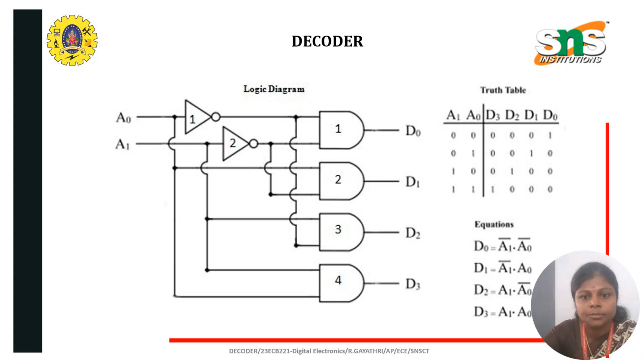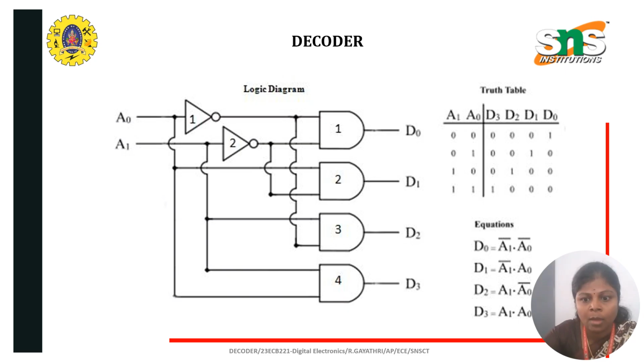Then coming to the logic diagram related to the Boolean expression, for inputs A0 and A1 the NOT gate is used. For D0 the Boolean expression is A1 bar and A0 bar, so it is represented with NOT gates and connected using an AND gate.